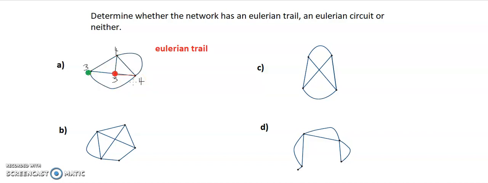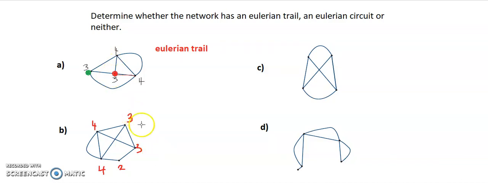Let's have a look at question B. The first thing I'm going to do again is look at the degrees I've got. I've got 3, 3, 2, 4, and 4. So now I've done this, I know I have a starting point and a finish point.